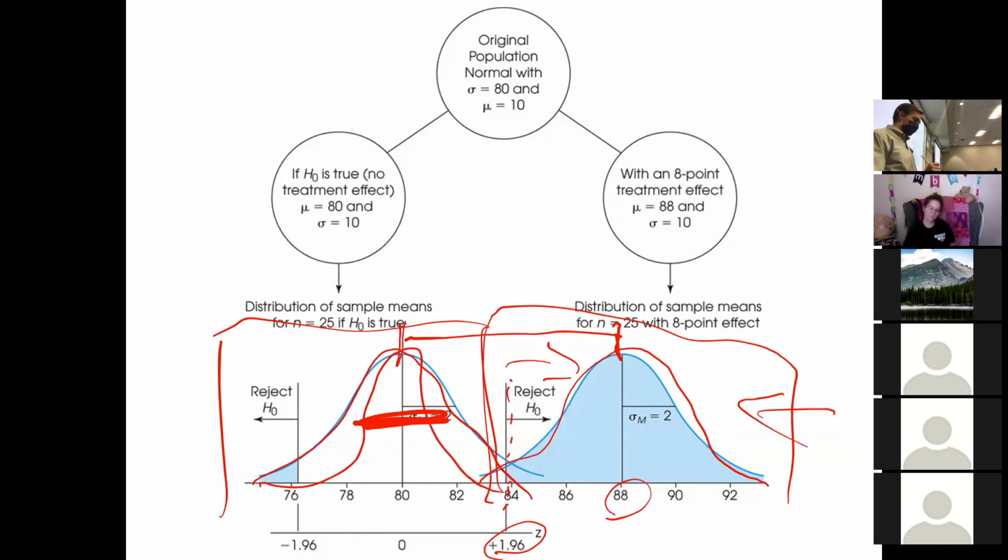And so what we can say is that there is a significant effect because that mean value, when divided by the standard error that we would expect from this variance, this is becoming a really busy slide here, is to the extreme of where that z-score is, right? And so because there's not a lot of overlap between these two distributions, we say that this would be representative of a significant mean. Does that make sense? Okay.